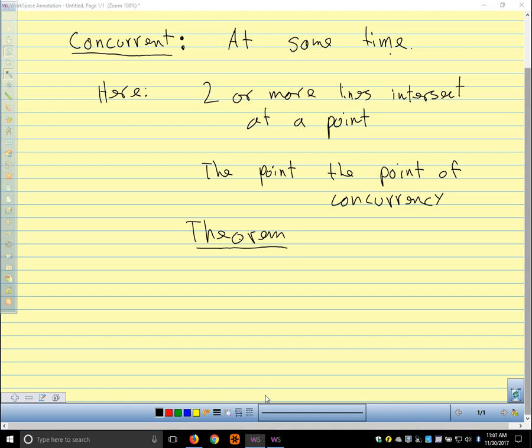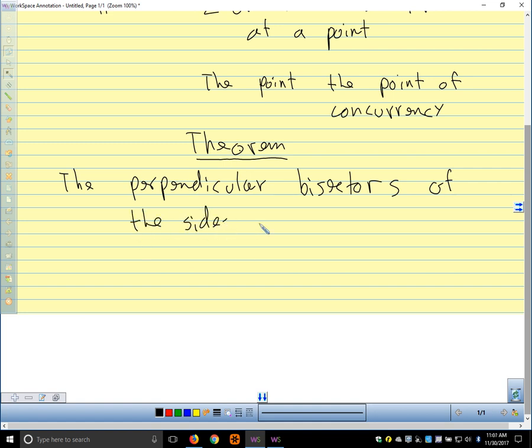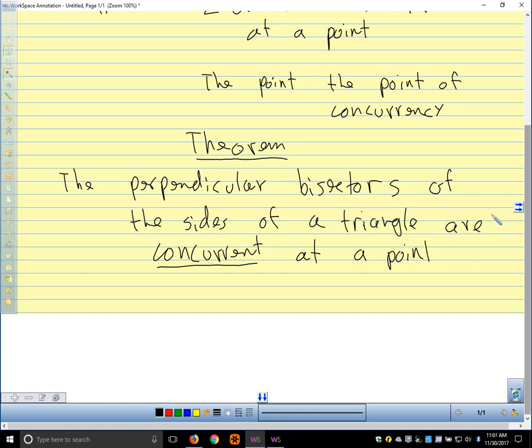The first one is that the perpendicular bisectors of the sides of a triangle are concurrent at a point equidistant from the vertices.